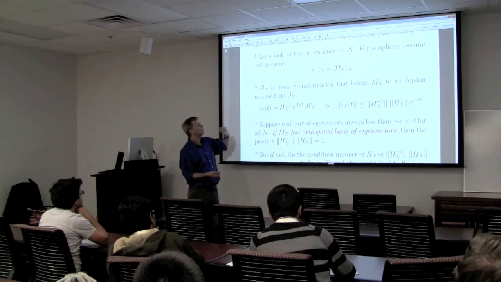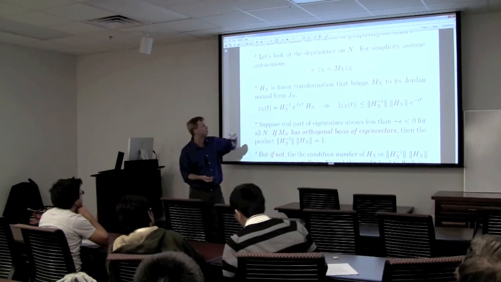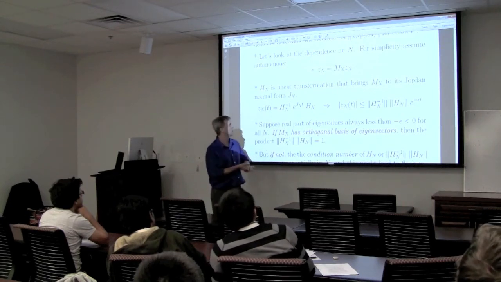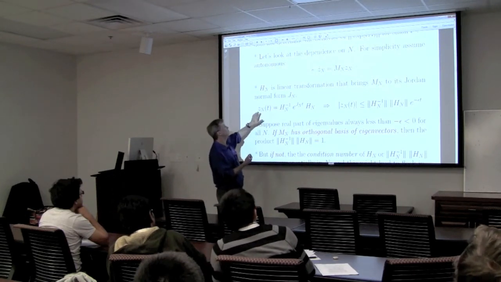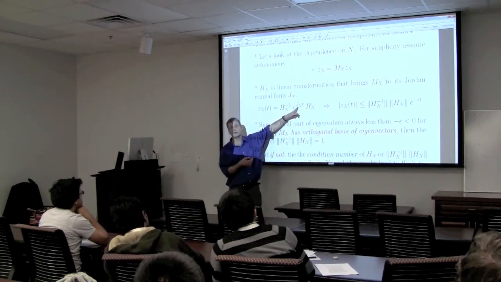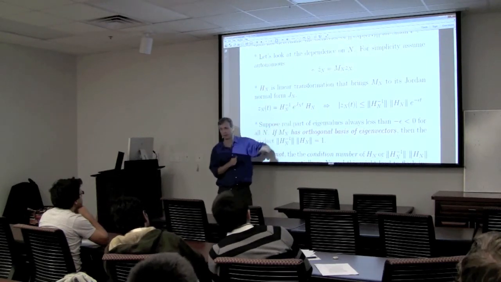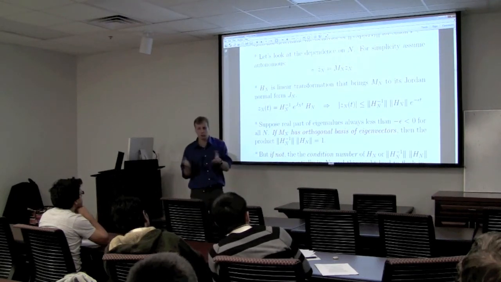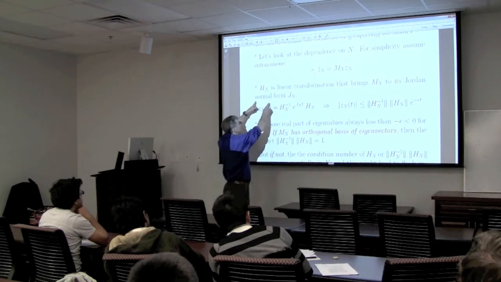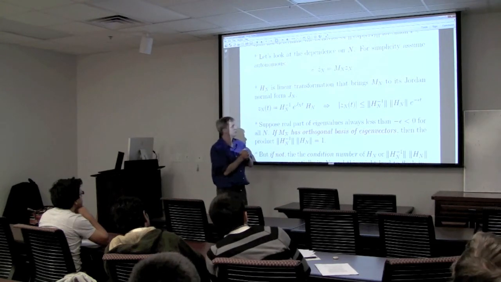Now let's suppose that H is the transformation that brings M onto diagonal form. Then the solution will look like this, where now J is a diagonal matrix. Now you wonder, okay, this looks good. This is what we do in class. So what happens? Let's try to estimate how big that solution is.